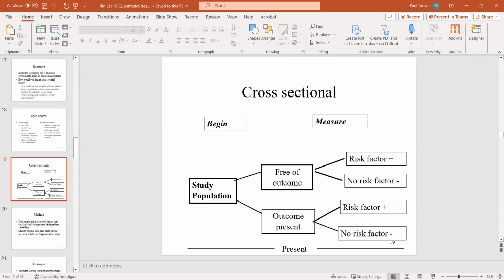Cross-sectional is the same type of thing: you begin with your study population, look to see who has an event versus who doesn't, and then look at what the risk factors are. The big difference is that in a cross-sectional study you're not specifically going out and finding people with a condition.